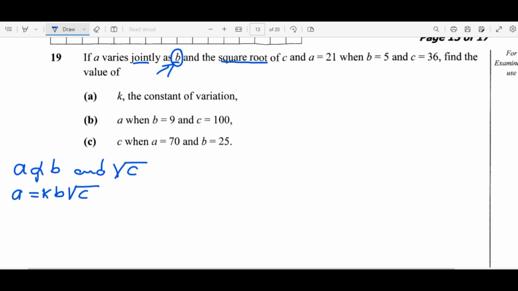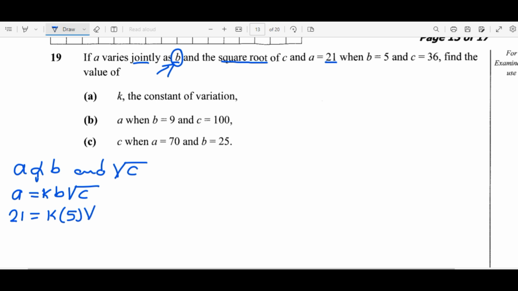So if you look at question A, we are told to find the constant of variation, which is k. So we're going to use these numbers. The value of A is 21. So where there is A, you put 21. K is what we are solving for. What is the value of B? Sorry, B is 5.